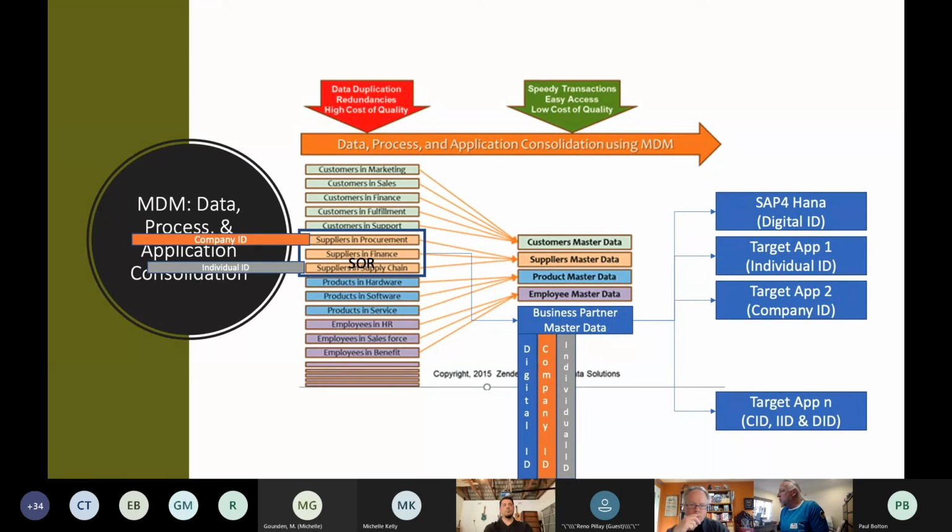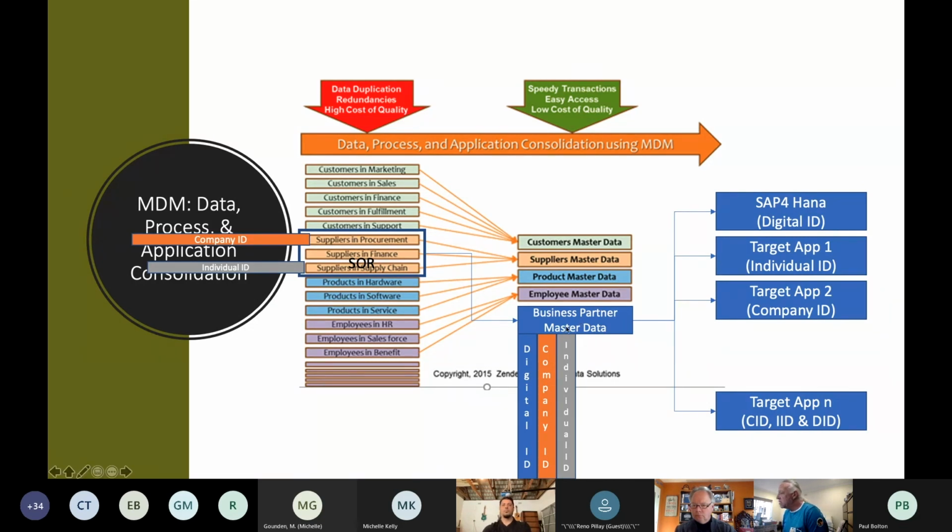So if I look at this, here we have a really good example of the fact that we've got customers all over the place, we've got suppliers all over the place, and in certain cases, we've got business partners all over the place. So there's the blue area over there where we say, okay, we want to build a business partner master data model.